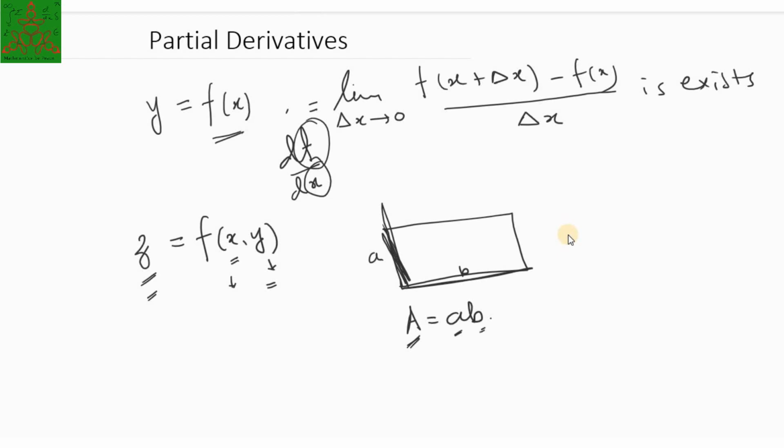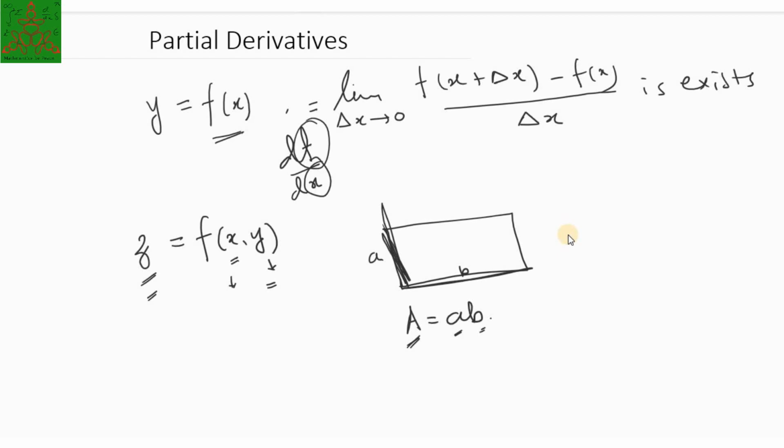Same question, if I fix its height and allow its breadth to increase and decrease, how much rate of change of the area do you have?